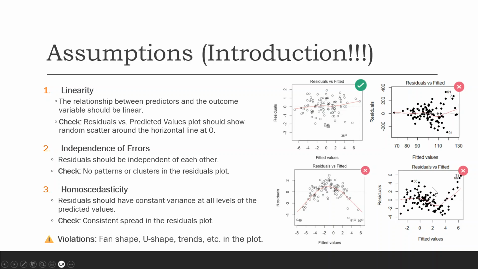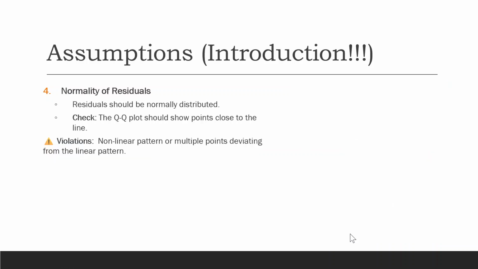And so this will provide also evidence against at least one of these three assumptions. And so if we see random scatter, we're good to go. We have evidence that these three assumptions are met. If we see any of the other patterns or some weird spaces or gaps in the scatter plot, then that might be some evidence that at least one of those assumptions is not met. So those are three assumptions, and we're going to use this one graph to look at those three.